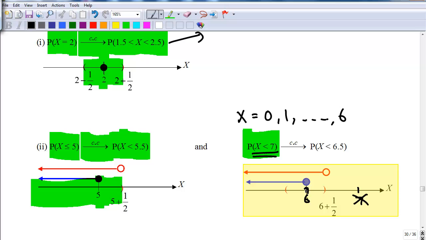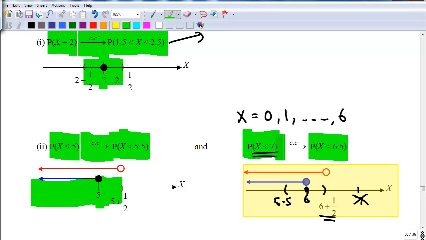So what are the numbers that when corrected to the nearest whole number will be 6? Any number between 5.5 and 6.5. But I'm interested in everything less than or equal to 6. So when I apply my continuity correction, it will become probability x less than 6.5.